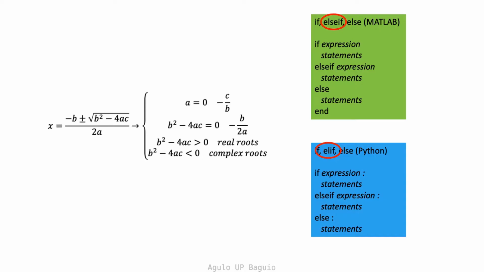The commands if and elseif in MATLAB, or if and elif in Python, are followed by an expression, typically a condition. If the condition is true, then the statements under the command are executed.